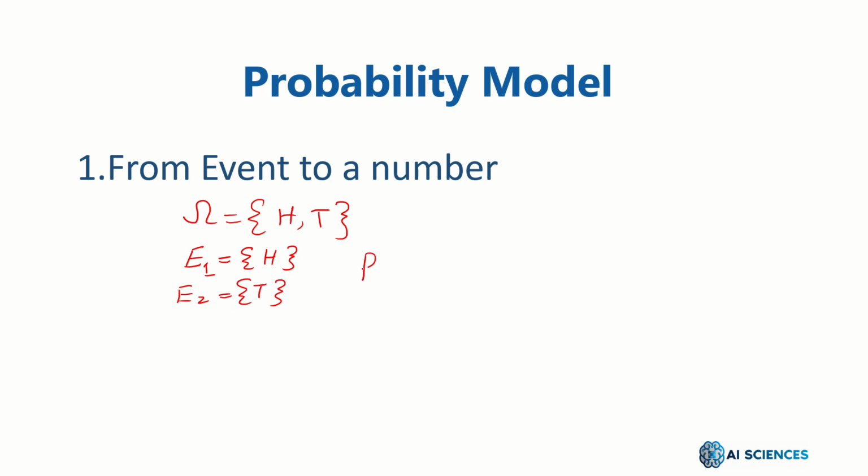Now the probability of event 1 is just a number that signifies the confidence of E1 occurring. If the coin is fair, for example, if there are 50-50 chances of heads and tails, then the chance or the prediction that a head will appear, or this event will occur, is 0.5.